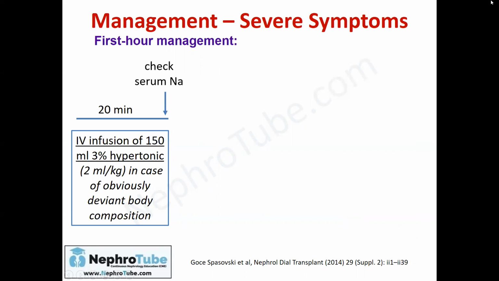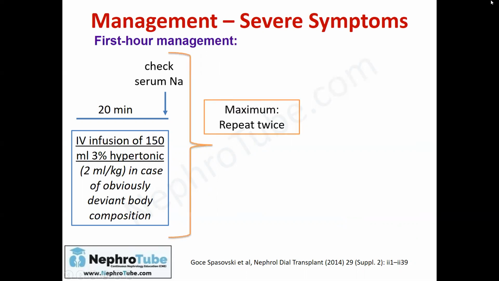At the end of 20 minutes, check serum sodium and start another 150 ml until the serum sodium result comes to you. You can repeat this step a maximum of twice, or until the serum sodium increases by 5 millimole per liter, because there is evidence that increasing the serum sodium by 5 millimole per liter in patients with severe symptoms will improve the symptoms.